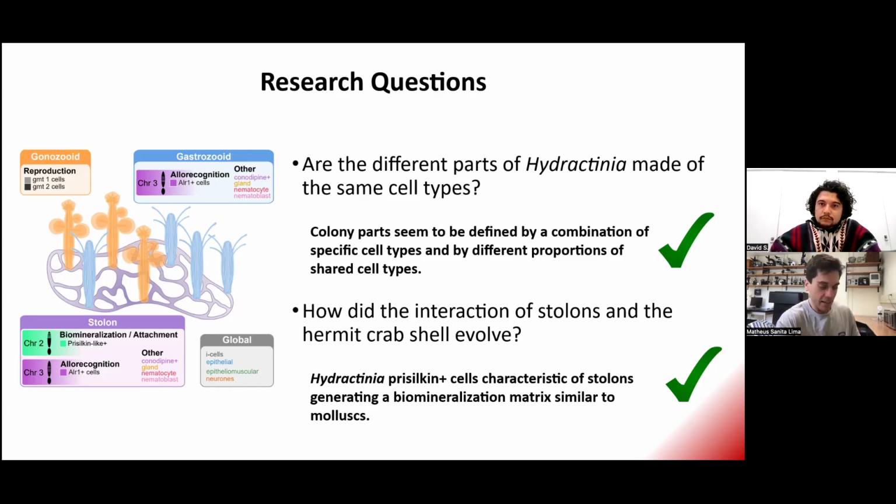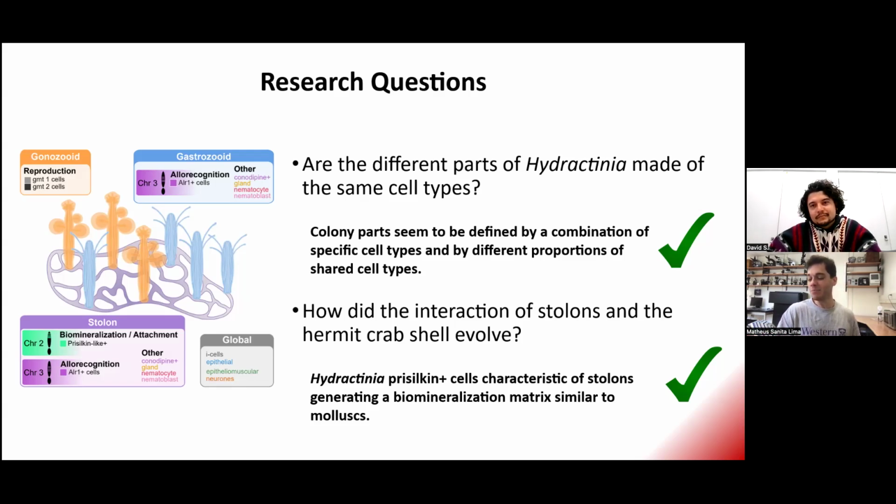Now, one last question. You've shown us that coloniality in metazoans has evolved independently in distantly related species groups, which I think is fascinating, right? It's a very nice example of convergence, and I think we would not run short of ideas of how adaptive coloniality can be.